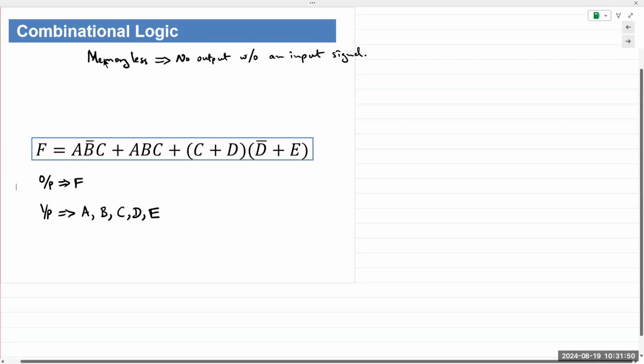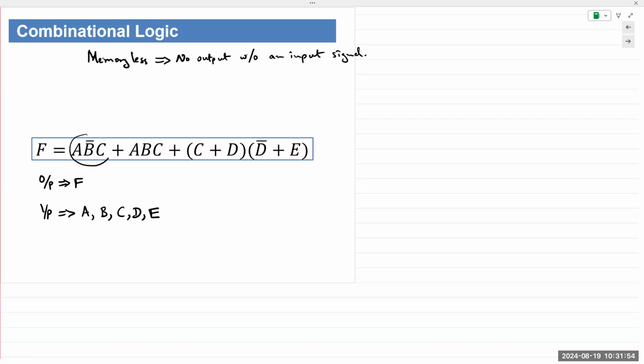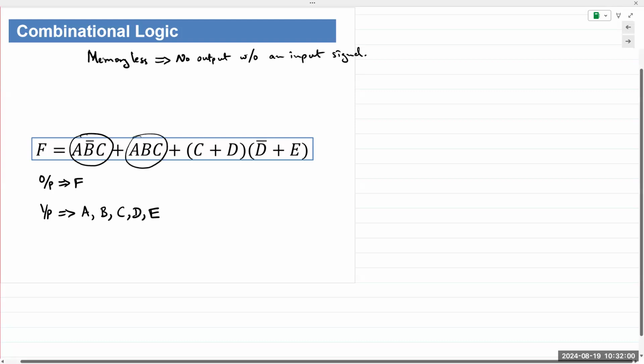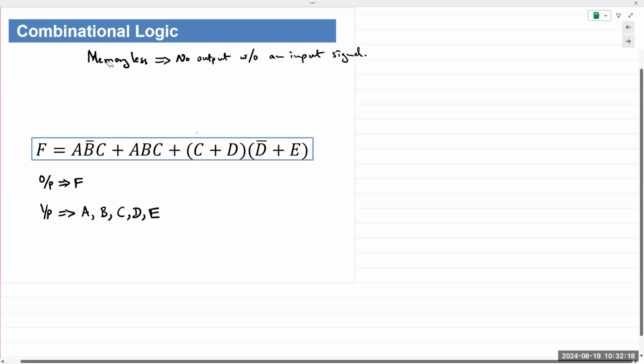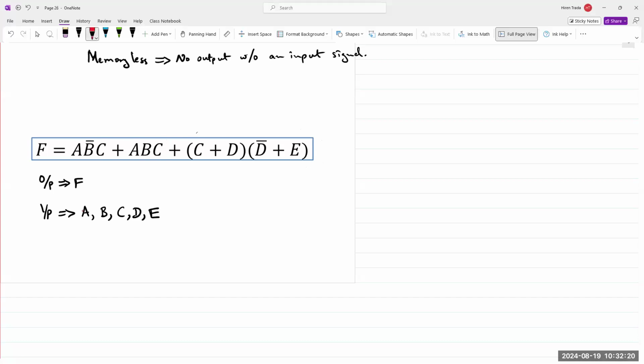All right. So if we wish to implement this, we'll take it one at a time. The first term is A and B not and C. Second one is A and B and C. The third one, long, you have 2 OR functions, C plus D and D not plus E. And then both of them are connected together via an AND function. Okay. So let me switch colors. All right.